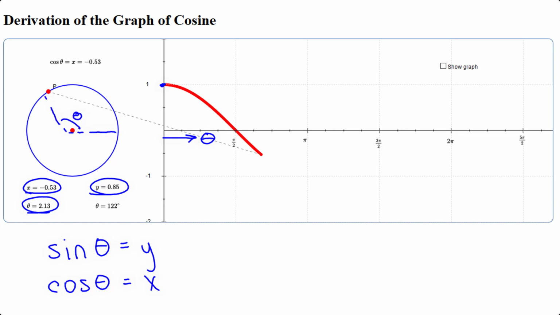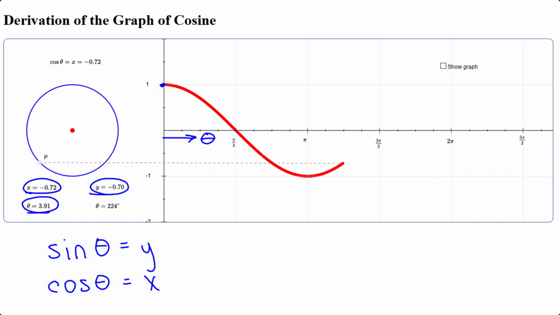I'm trying to just grab the point there. It won't let me. The angle measure is increasing, and it continues to increase all the way around the circle. But as we get to 180 degrees, now the x value is as small as it's going to get, which is at -1.